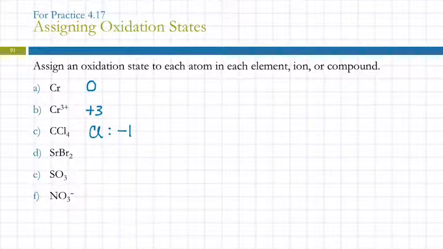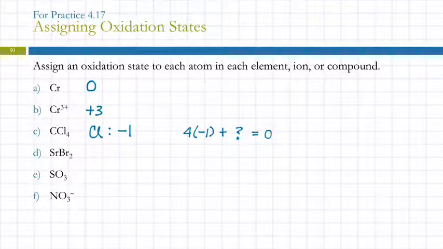So we have one carbon and 4 chlorines, and the oxidation states totaled together have to add up to the charge on the molecule, which is 0. So I've got 4 chlorines, they're each -1, plus the carbon, don't know what that one is, and that adds up to the charge on the molecule, which is 0.